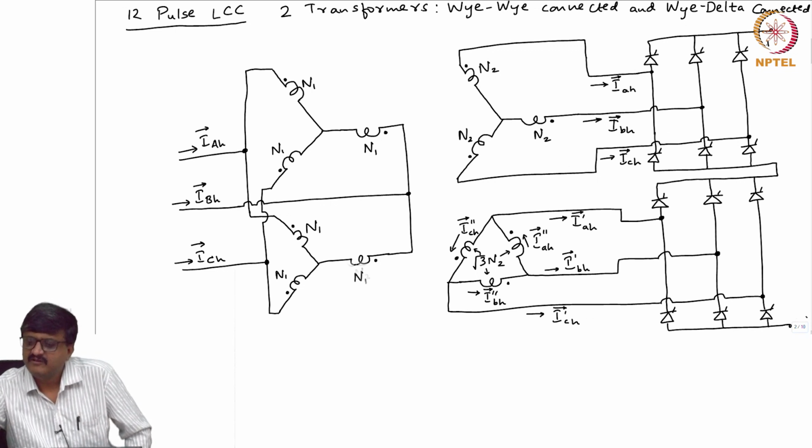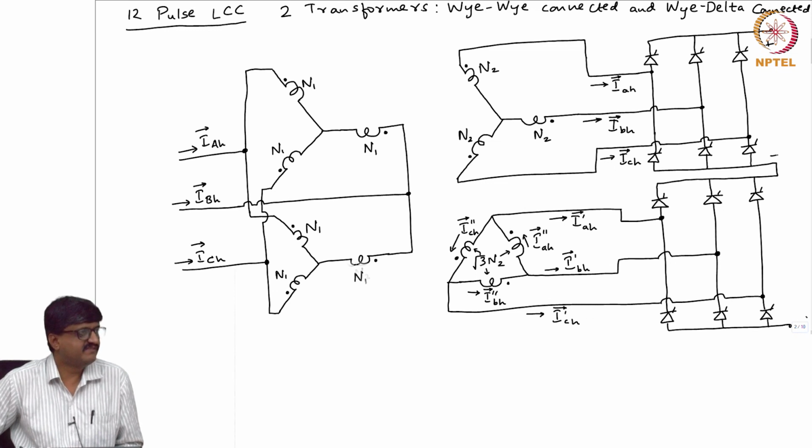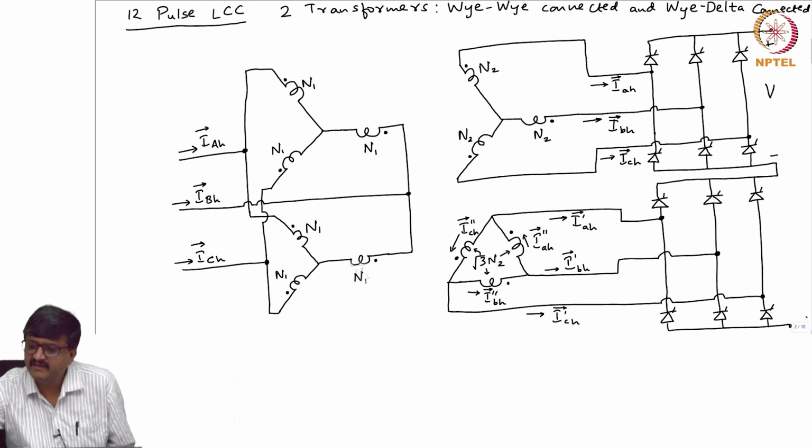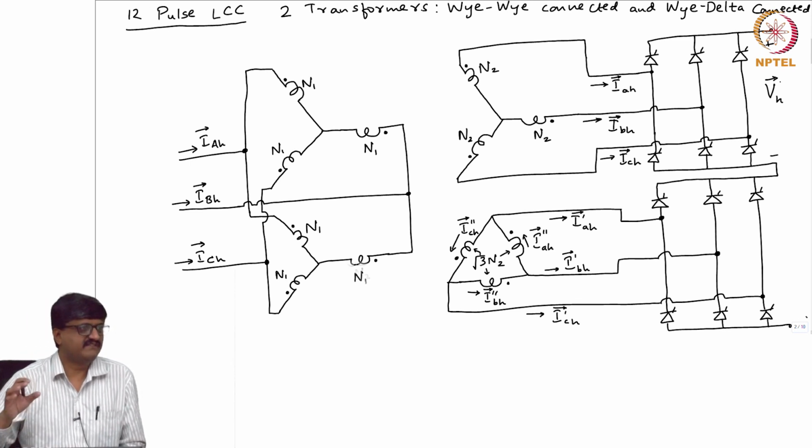Similarly, if I take the voltage on the DC side of this 6 pulse LCC, if I take any harmonic quantity, it is a sinusoidal quantity. So, I can still represent that by a phasor, say VH. Say the average is DC, but the harmonic is AC. The harmonic is sinusoidal, so I can represent it by a phasor.